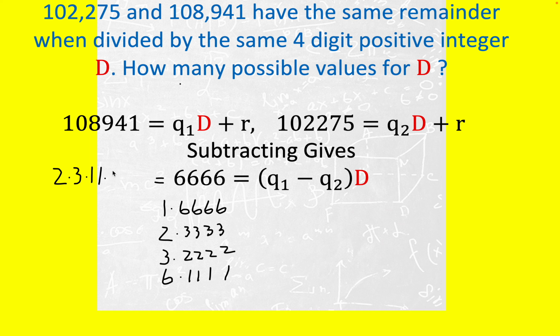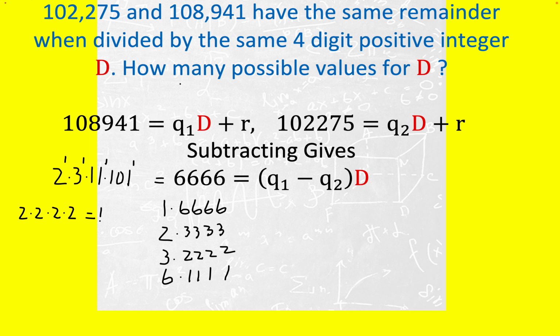Now, the important thing about this factorization is that each of the exponents is 1. So you can find how many of the divisors there are just by incrementing and multiplying. So there's 2 times 2 times 2 times 2 equals 16 divisors.